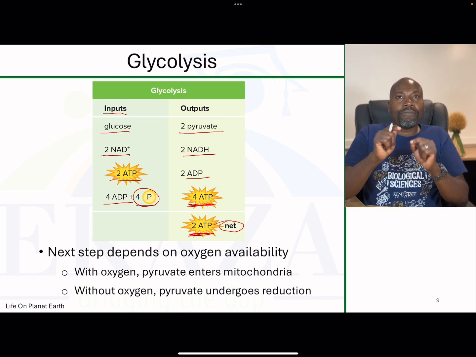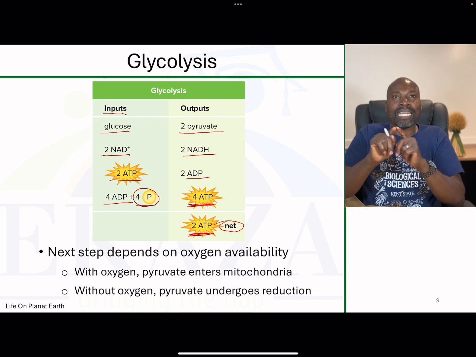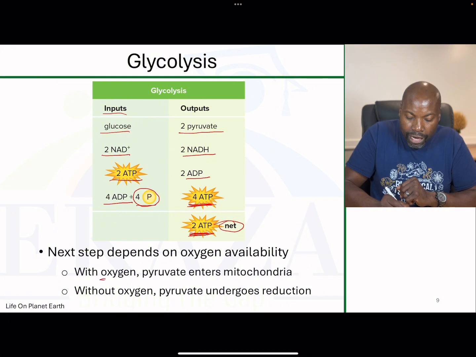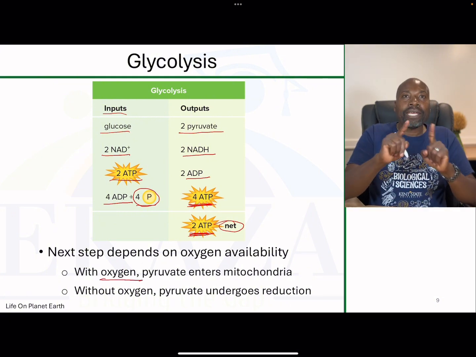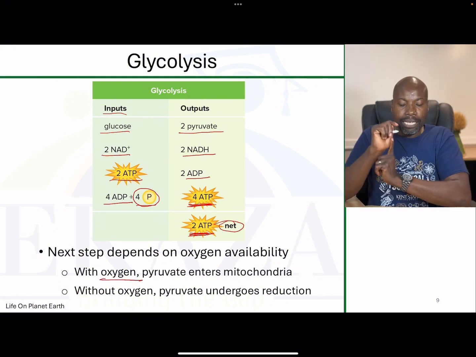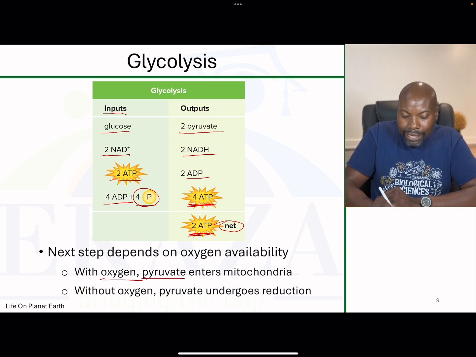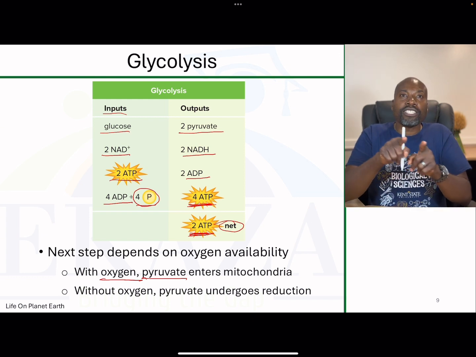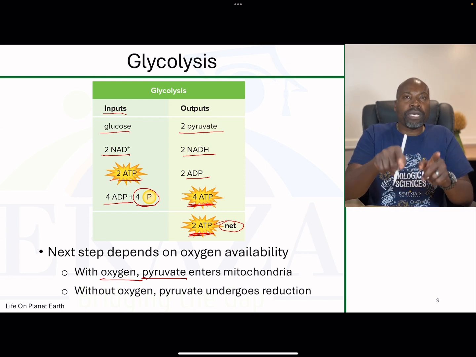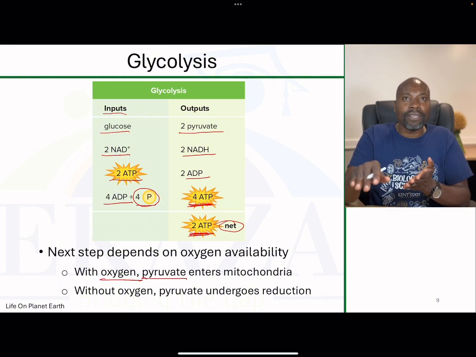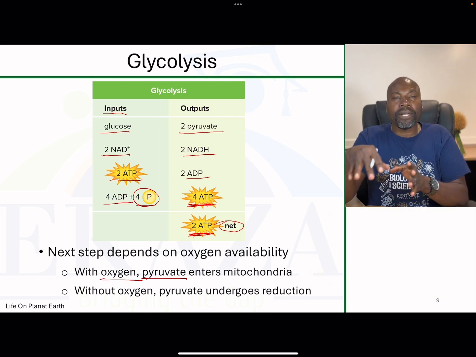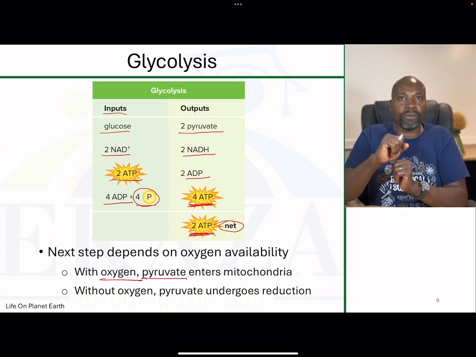But before we dive into what happens in absence of oxygen, let me first tell you that in presence of oxygen, what we call aerobic metabolism, pyruvate is going to go in the mitochondria through the transition step. It's going to be converted into a molecule that is going to enter the citric acid cycle, and the remainder of cellular respiration is going to happen in the mitochondria at that point, right?